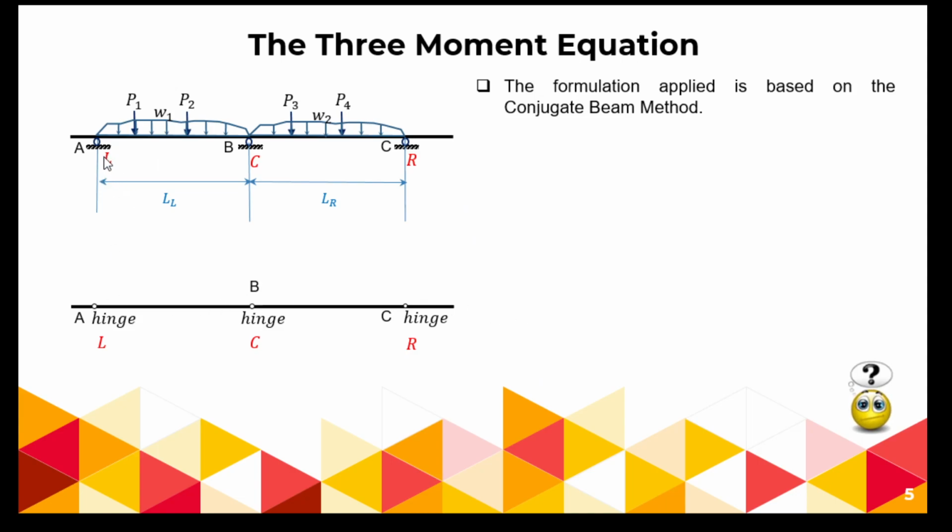So let's say the left side here, the center, and the right side. This here is our real beam, and at the bottom here is our conjugate beam. So the boundary conditions for the conjugate beam, kung interior roller gani kuno siya, kay continue siya mo.